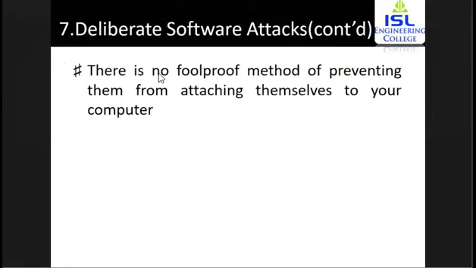Now, as we have seen, there are different types of software attacks that can occur within a particular system. Now in here, there is no foolproof method that can prevent all of these attacks from happening. One method for preventing these attacks: you cannot completely remove them, but you can minimize them, or you can take preventive measures.